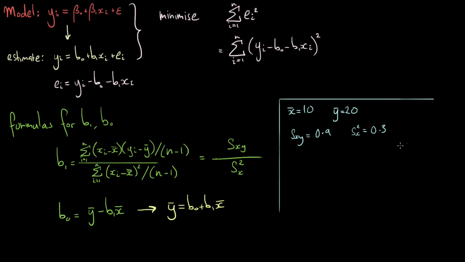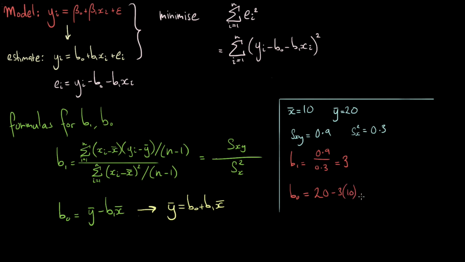And so we can compute the estimate for beta 1, which is b1, straight away. We can say, okay, our estimate for beta 1 is going to be sxy, which is 0.9, divided by 0.3. And that's going to just be 3. And now, if we want to find out b0, we just have to say, okay, it's going to be equal to y bar, which was 20, minus b1, which we've got now, it's 3, times x bar, which was 10.